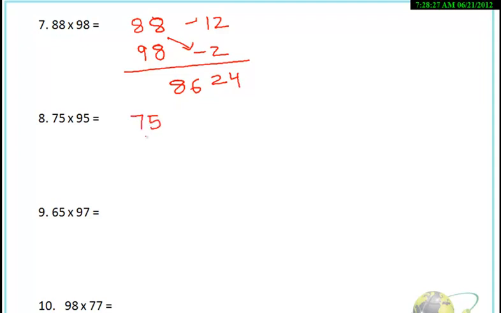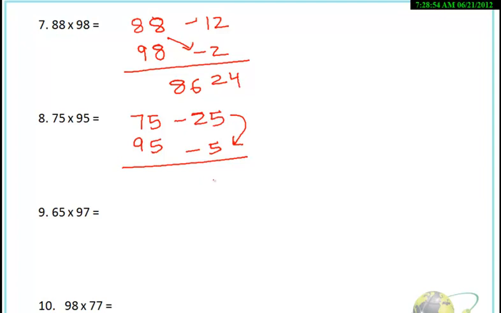Similarly, 75 into 95. It is minus 25 from 100 and it is minus 5 from 100. Now 25 into 5 is 125, but as we have already discussed, we cannot write 125 as it is since we have chosen the base as 100 and there are two zeros only in 100. So with this multiplication, we'll be filling two digits only.